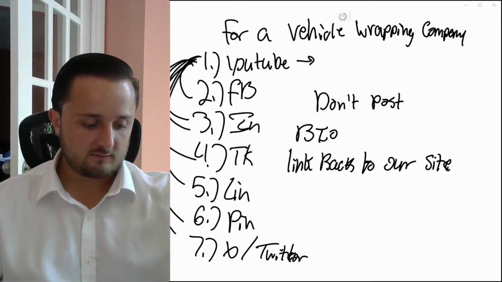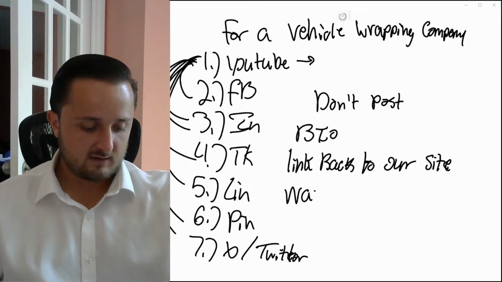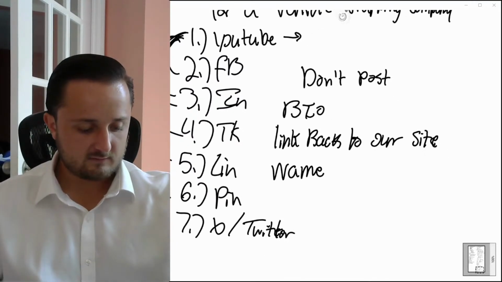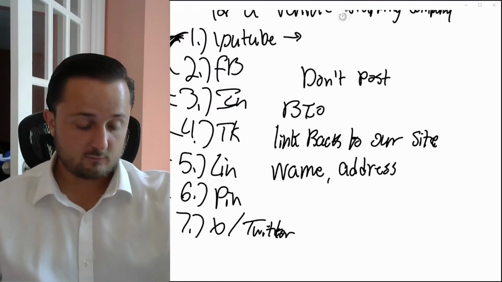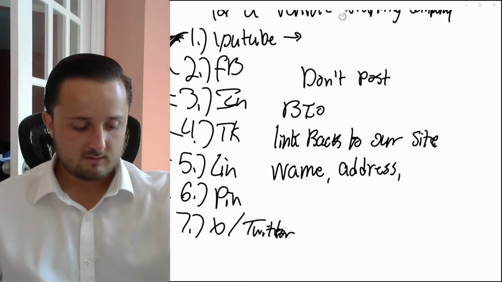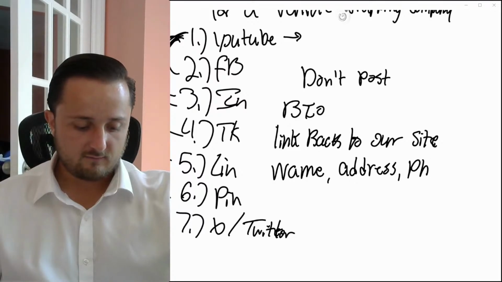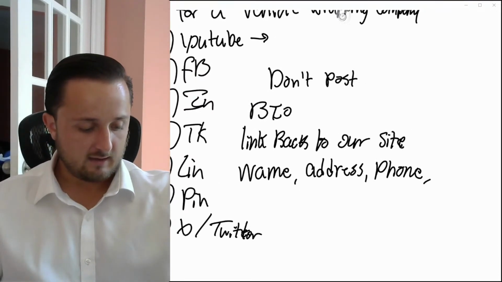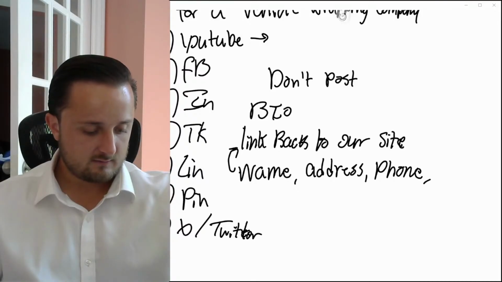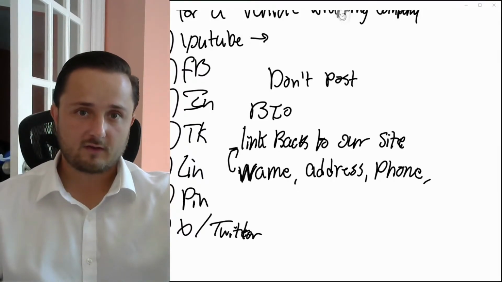And on all of these, we need to have a consistent name of the business, a consistent address for the business where we're currently located, the consistent phone number, and then a link going back to the business, to our site.